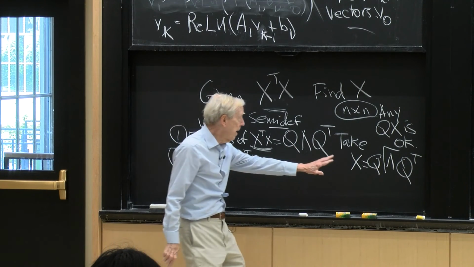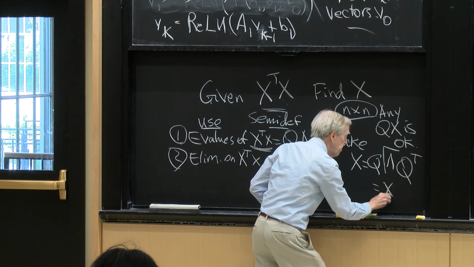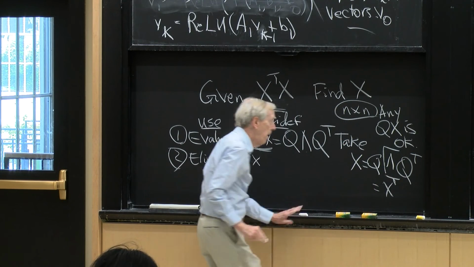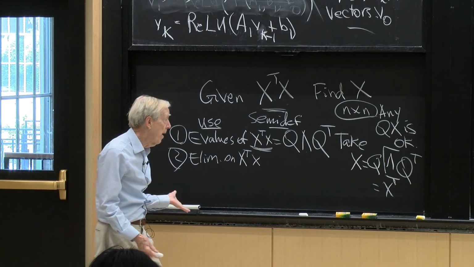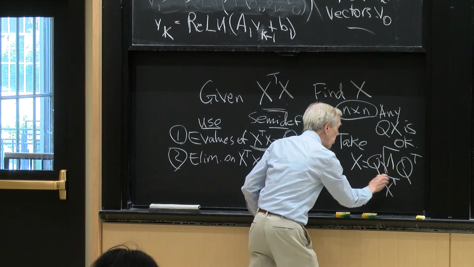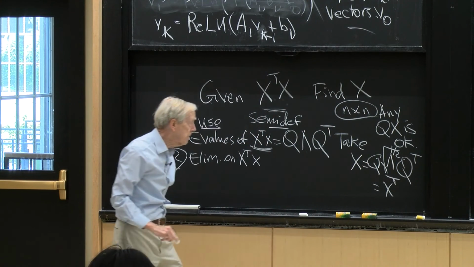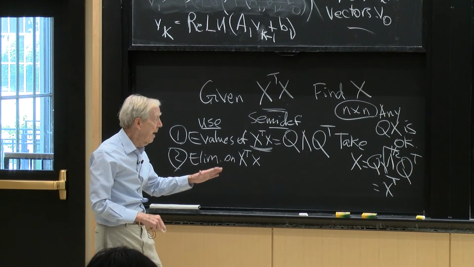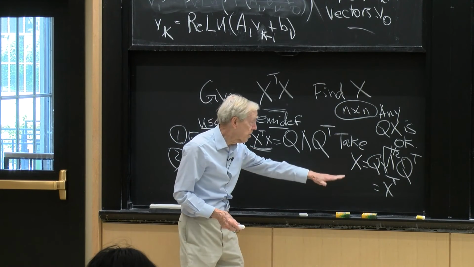Because if I multiply, that's symmetric now. This is equal to X transpose. And that's a square root symbol, or lambda to the 1/2.